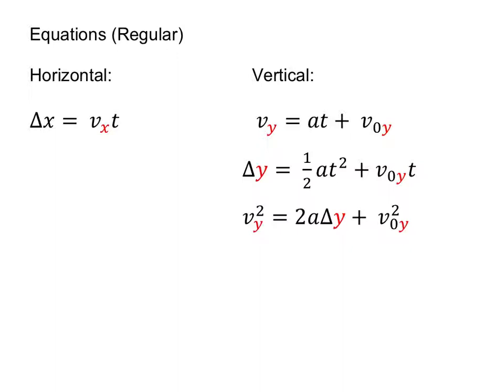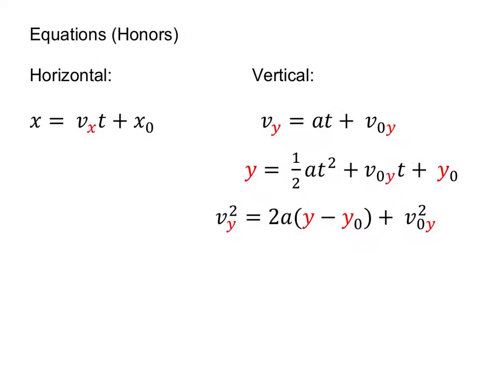But here are the equations that I would use in regular, where we have a different set of equations for the horizontal direction and the vertical direction. Now in honors, I use slightly different equations, but they essentially mean the same thing.